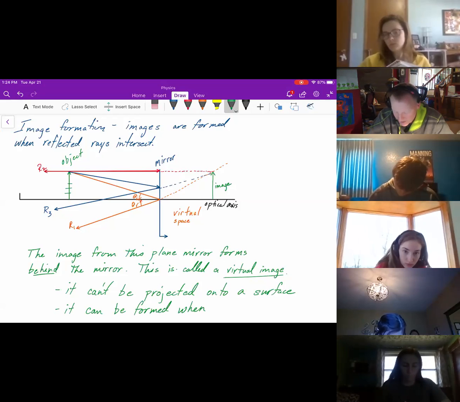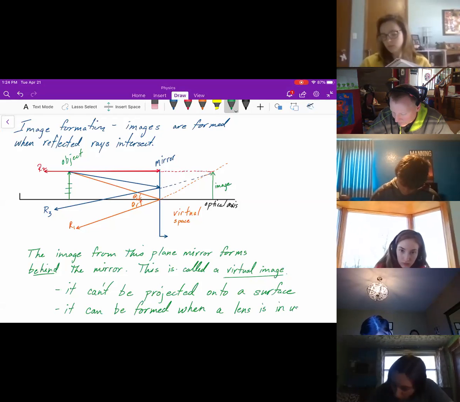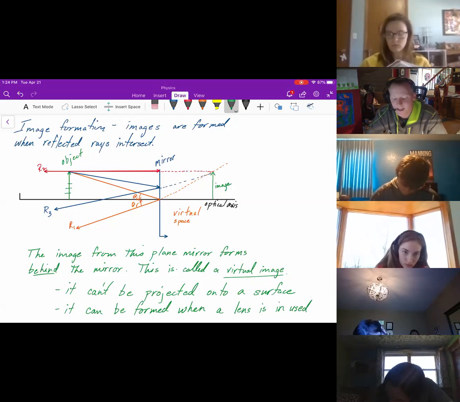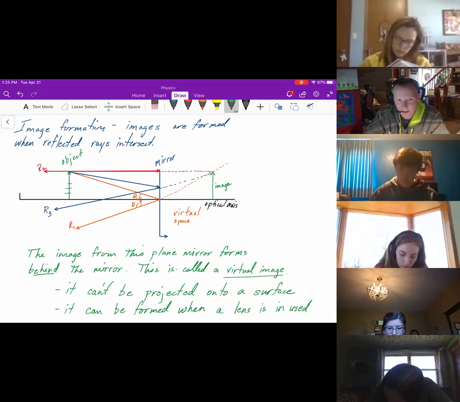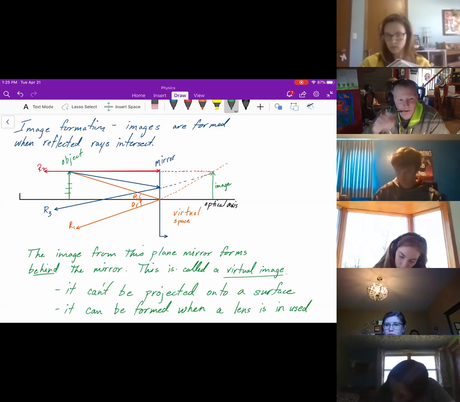And lenses are our next topic. Although there's no real image, the light rays never do connect with one another and intersect in real space. The magic of the lens in our eye allows us to perceive the image behind it.